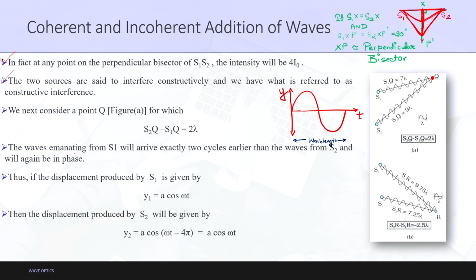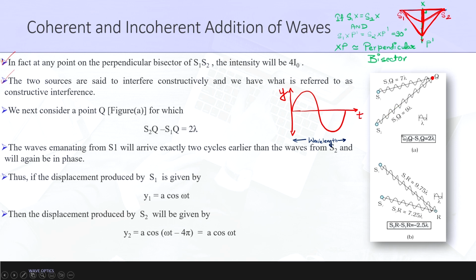The waves emanating from S1 will arrive exactly 2 cycles earlier than the waves from S2 and will again be in phase. Let me explain again. It is a theoretical explanation of this point. Quite evident, if the distance is small, then the time required will be small if the medium is the same. Here S1Q is equal to 7 lambda, S2Q is equal to 9 lambda.